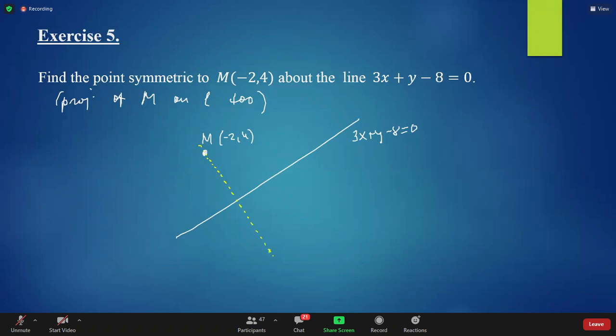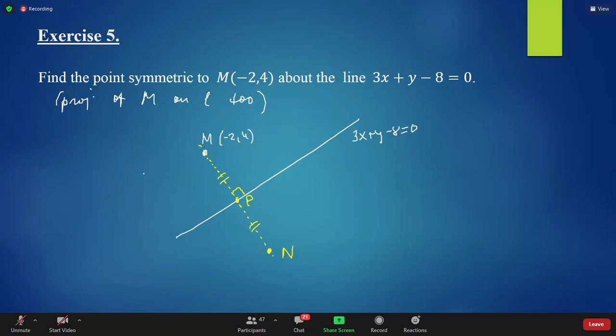Let's call it the point N. That will be the symmetric point, but we don't know its coordinates. If it's symmetrical, we understand this has to be perpendicular and this distance has to be the same. Which means I might not even want to see the distance, but I understand that somehow I need to find that projection of M on the line, perhaps.